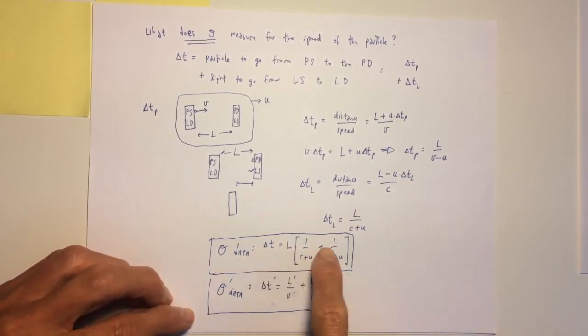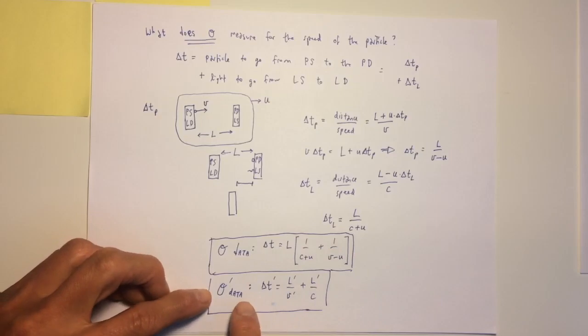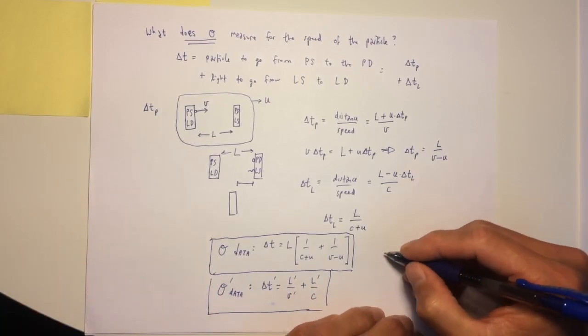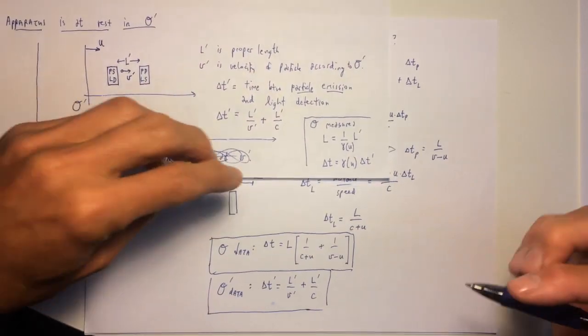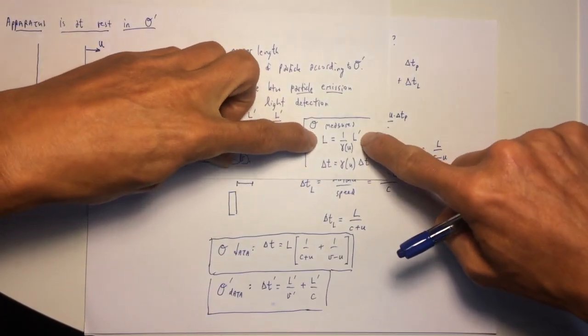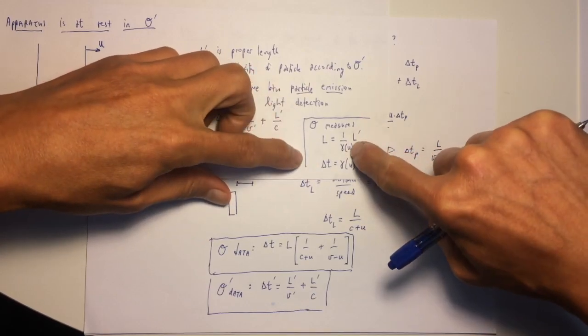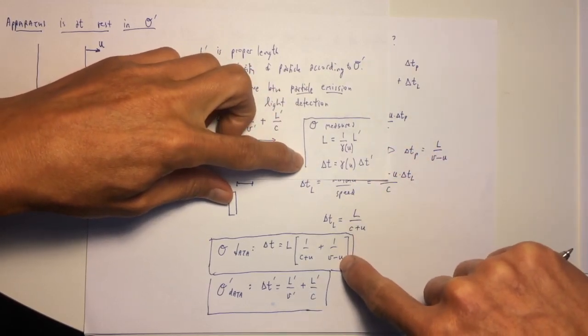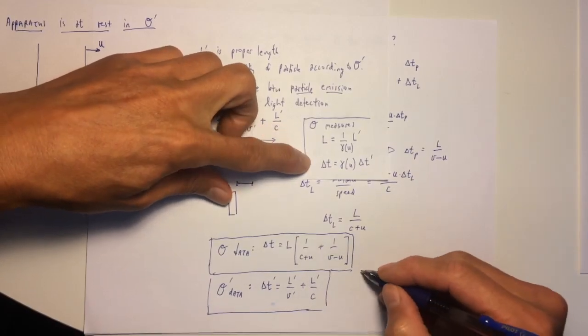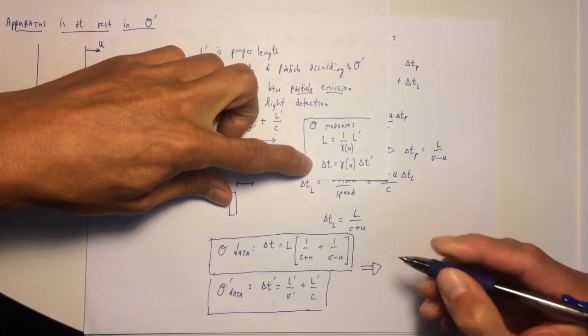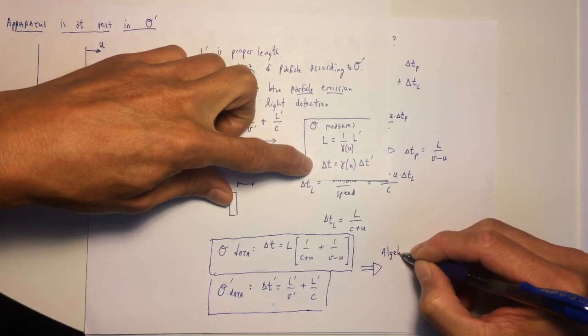And you can see that there's no primes for O, and there's only primes for O prime. And what's more is we get to use length contraction and time dilation. And this gamma of U, this U and this U is the same.